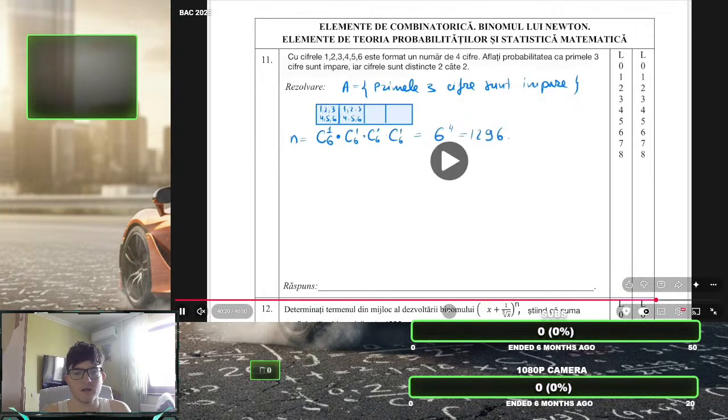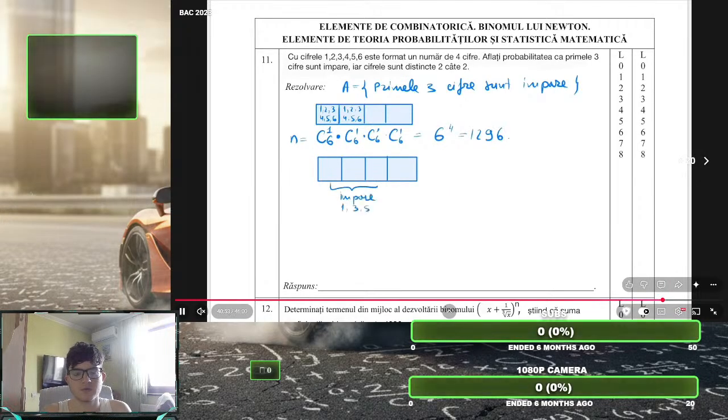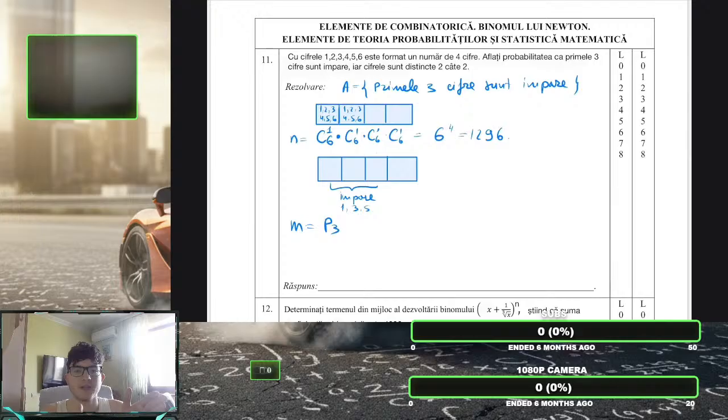We need to populate all of the things, right? 1, 3, 5. Oh, but we take from 1, 2, 3, 4, 5, 6, right? So it can only be until 6. So the only numbers that work are 1, 3, 5.